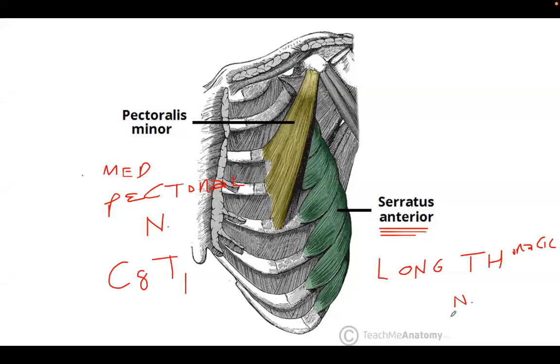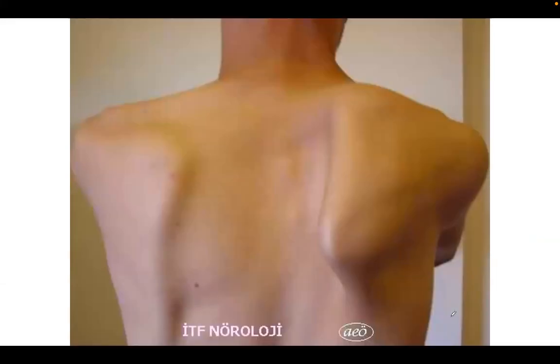Long thoracic nerve supplies the serratus anterior. And if there's injury to the long thoracic nerve causing paralysis of the serratus anterior, this results in what condition? This is the famous winged or winging of the scapula.